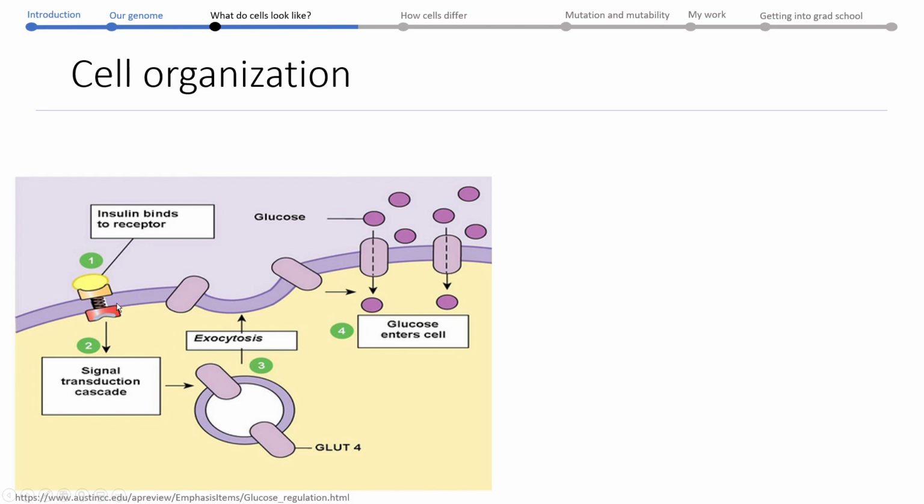And when this surface receptor is activated, this vesicle is brought to the surface. The vesicle membrane fuses with the cellular membrane, and the glucose channels that were in the vesicle are now on the cell surface. And when they're on the cell surface, the glucose that's in the bloodstream is allowed to enter the cell and can be used now by the mitochondria and other proteins that need this energy source. So this is a very simplified version of this pathway.